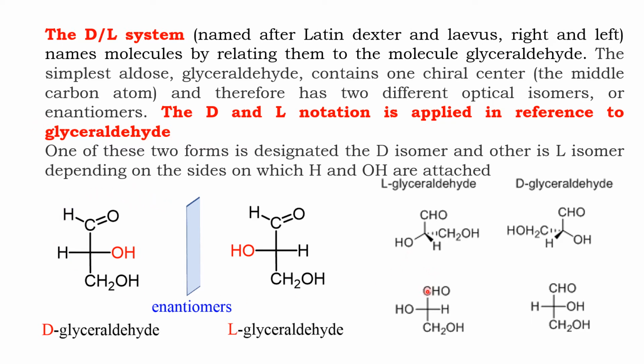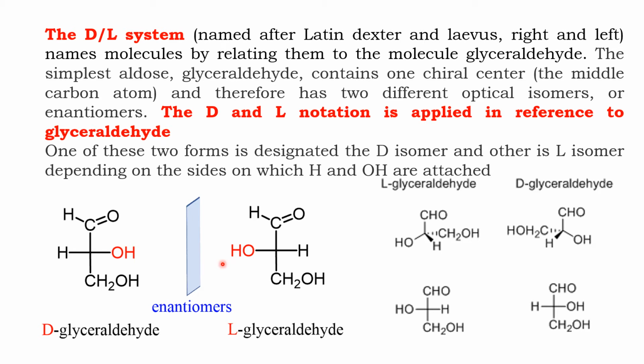This is the structure of glyceraldehyde. See here, CHO, C, CH2OH. It is a tri-carbon compound. There are 3 carbon atoms. One carbon atom is the CHO, another is the asymmetric carbon atom, and we have a CH2OH. When we take glyceraldehyde, we could have 2 arrangements.